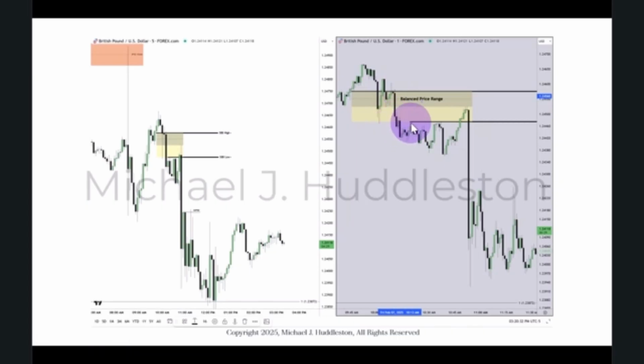So once the fair value gap is there on a 15-minute time frame or any time frame, you drop down to the lower time frames and study what price actually did in the upper half when it's a bearish fair value gap, or the lower half when it's a bullish fair value gap. When price goes back and forth in the upper half, it becomes balanced. There's no need for price to come back up into this shaded area when it starts to return back inside of it.